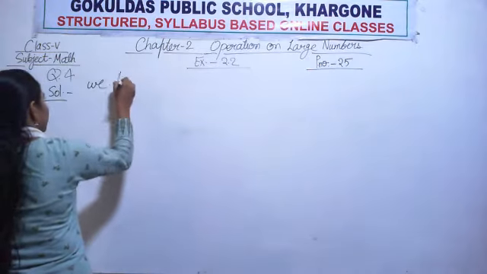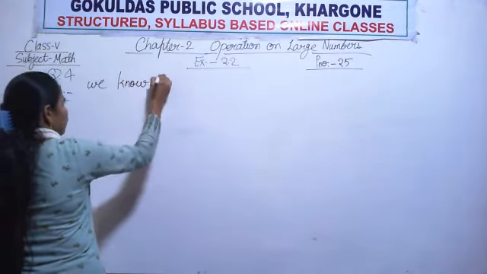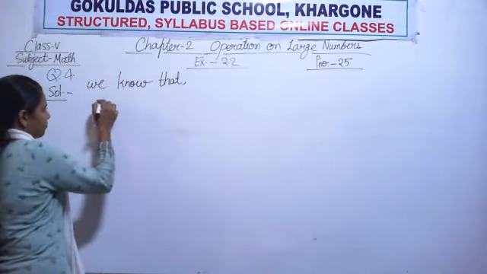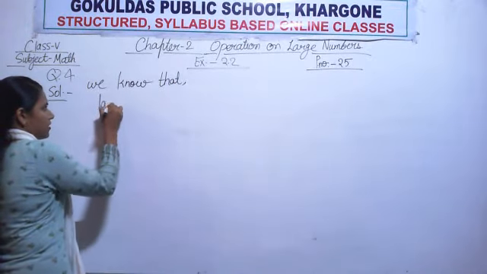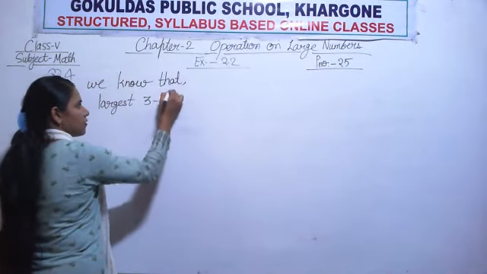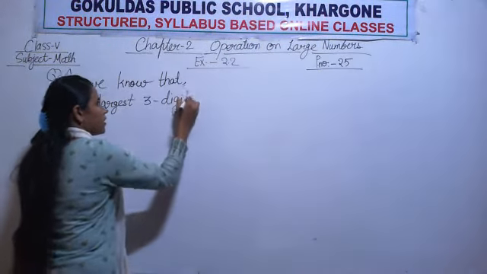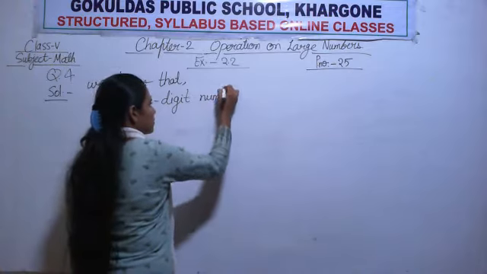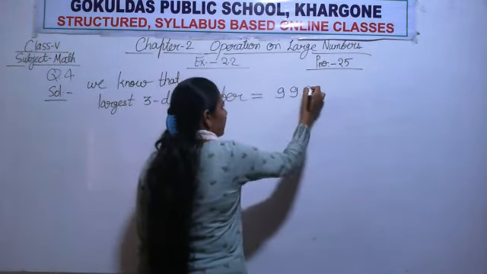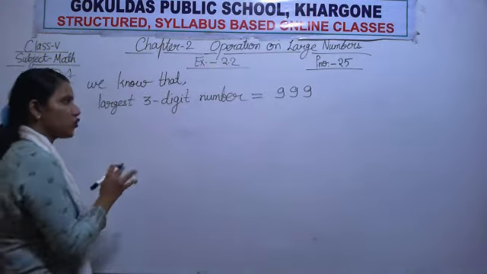So I am writing here, we know that the largest 3-digit number is 999, right? You know this.